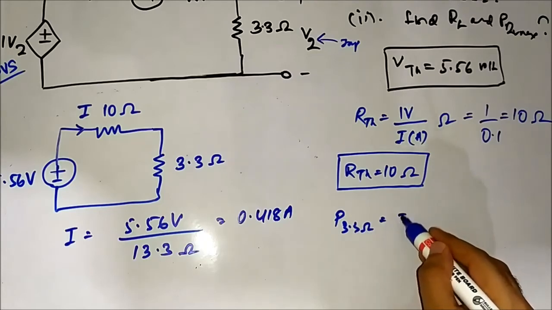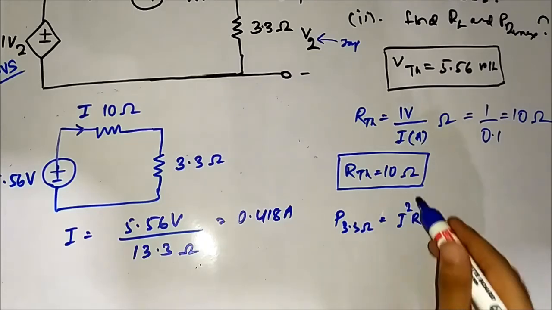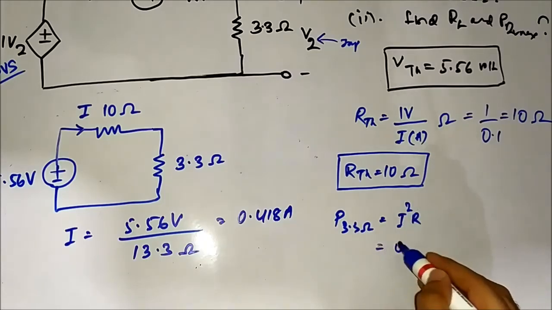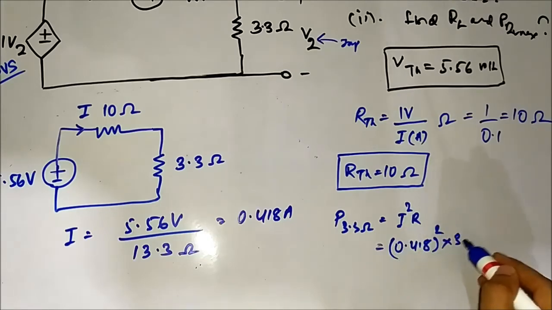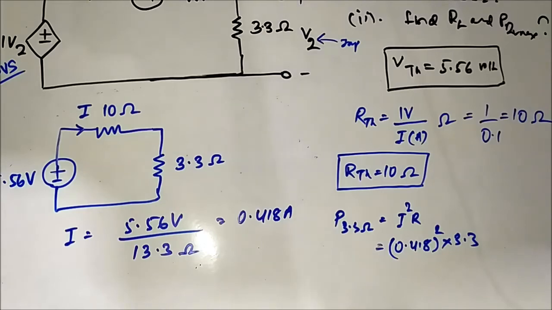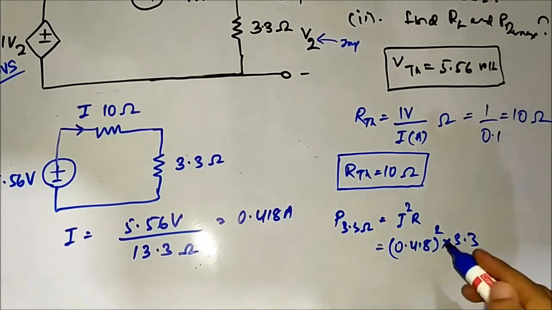The power absorbed by the 3.3 ohm resistor is equal to I square R. So it is 0.418 squared into 3.3. So it is coming around 575.7 watt.